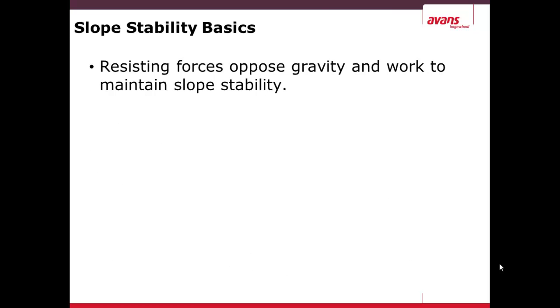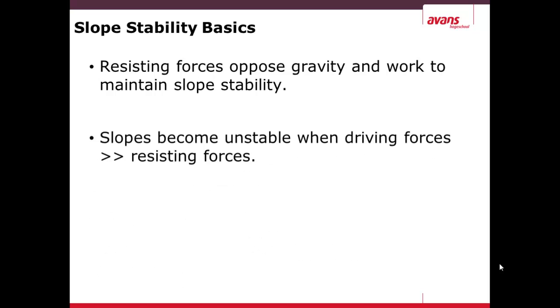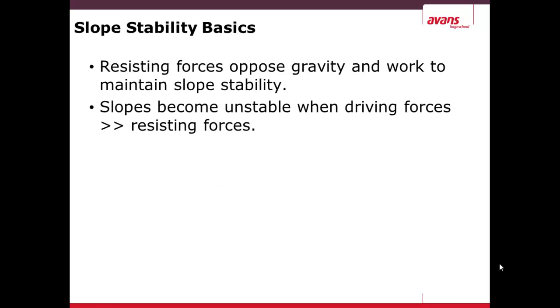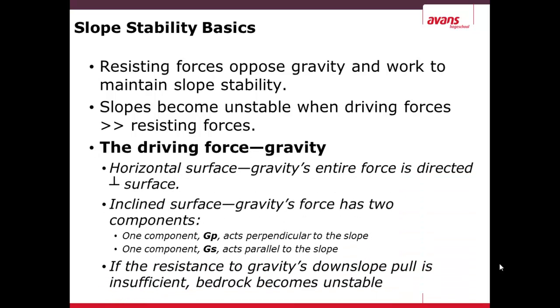The resisting force is the force that opposes gravity and works in maintaining slope stability. If a slope becomes unstable, this is due to the driving forces being greater than the resisting forces. And the driving force, of course, is gravity. On a horizontal surface, gravity's entire force is directed on the surface.